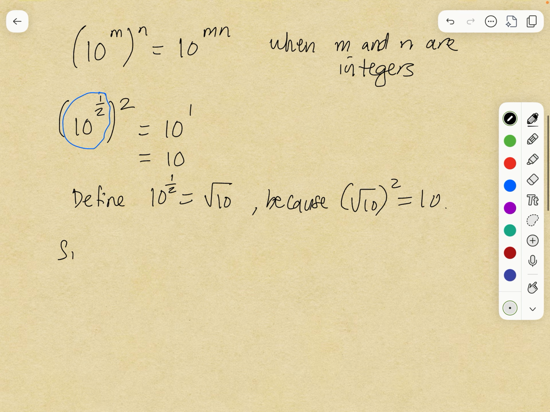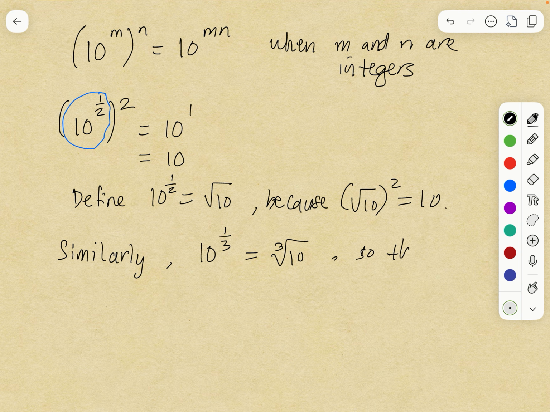And similarly, something like 10 to the 1/3 power must be defined to be the cube root of 10, so that if you take 10 to the 1/3 power and you cube it, the result is going to be 10. Because the cube root of 10 is the number whose cube is 10.